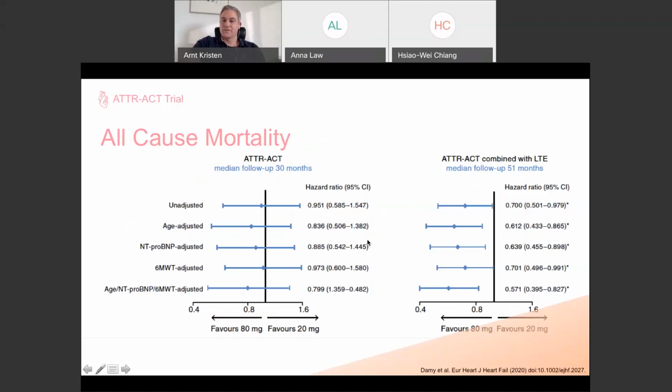So this was either unadjusted or adjusted to important markers, for example age, NT-proBNP, 6-minute walk test result, and the combination of these parameters.